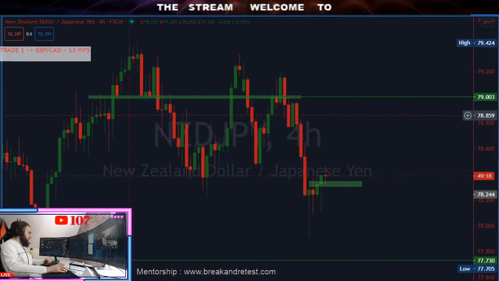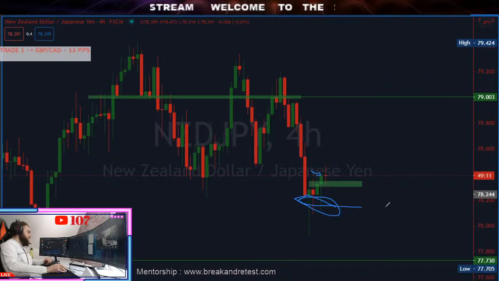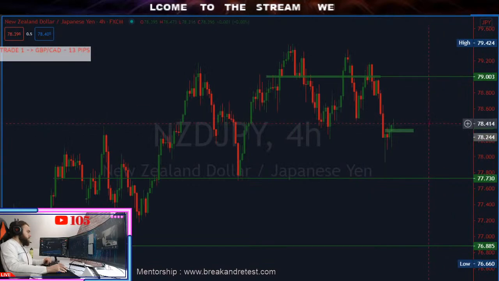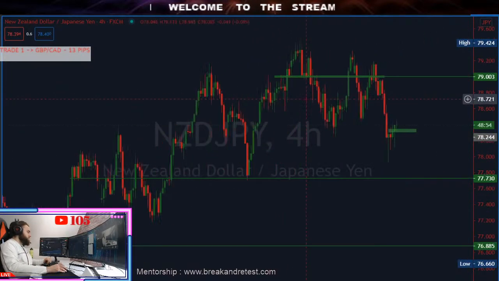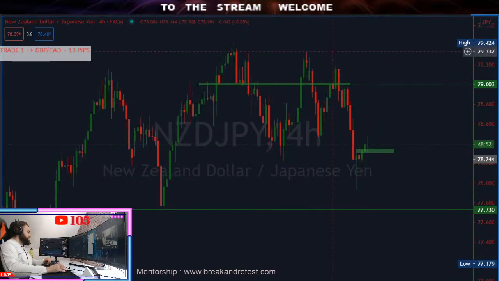Based on how this previous 4-hour candle closed, pretty bullish, coming from another support, going all the way up, breaking a zone, closing bullish. You expect a retest and some more continuation. But on the other side, this was a big consolidation box, and yesterday we had a clean break on the 4-hour.